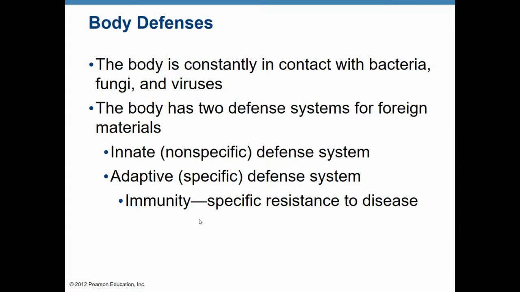Our body has two defense systems that are going to basically protect us from anything that is foreign and trying to get inside. We have the innate or non-specific defenses, and then we have the adaptive or specific defense system. So immunity is just the term that we use for specific resistance to disease.